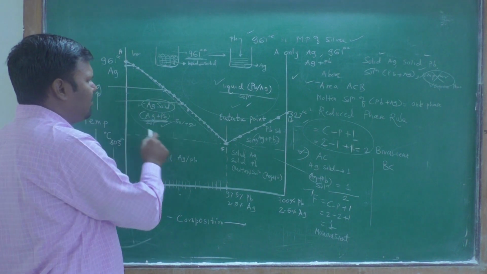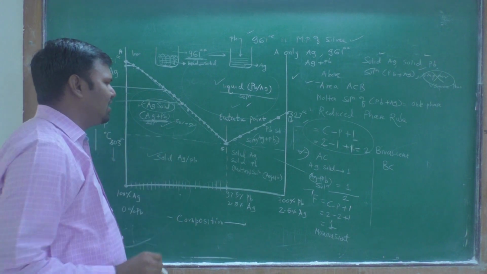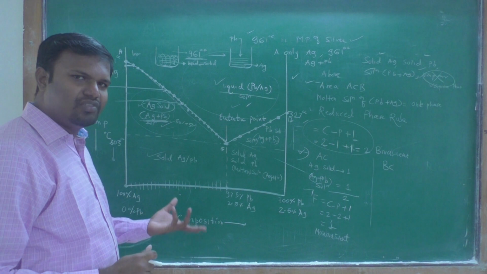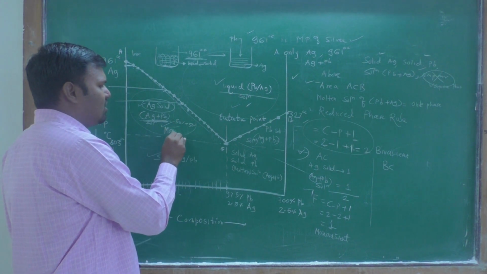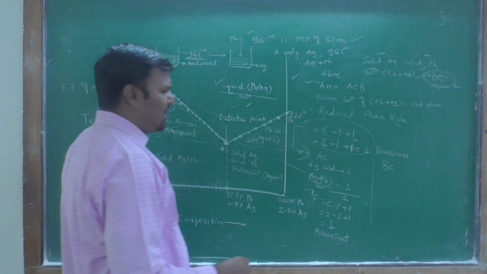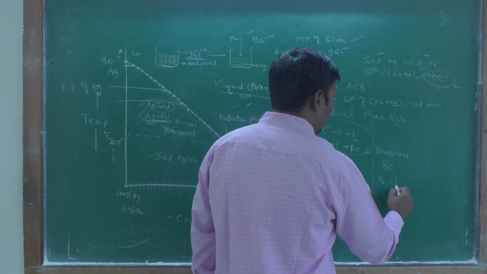Okay, the area is big. According to what we discussed previously, if the area is big and only one phase is there, then we consider the system bivariant. But in this case it is monovariant. The same we have applied here. Okay, Pb is a solid, therefore one phase.